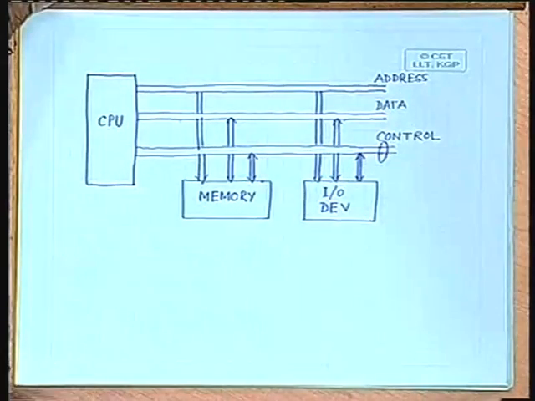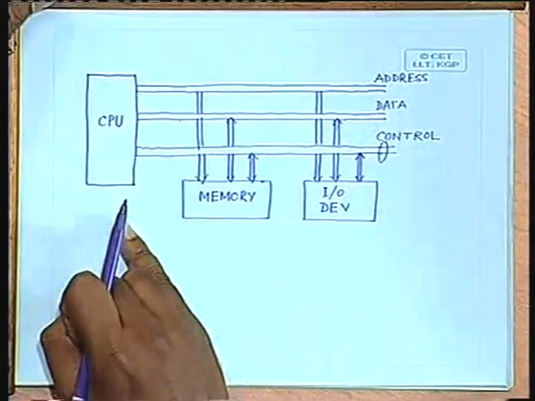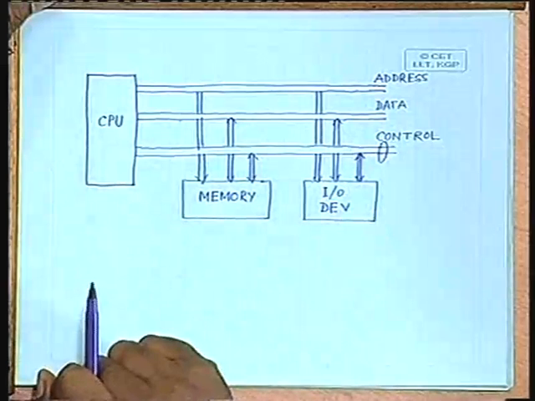One is the read operation, that is, read data from memory or read data from one of the input devices. And the other basic operation is writing the data to one of the memory locations or writing the data to one of the I/O devices.